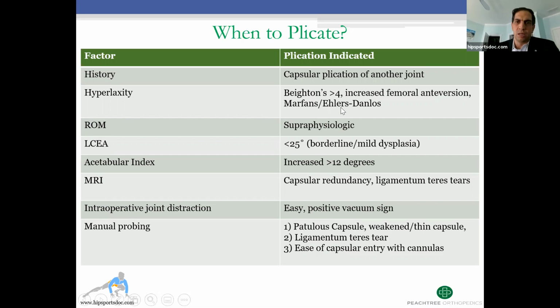Range of motion. Supraphysiologic, is the range of motion greater than normal? So if I see 40 degrees of external rotation and 15 to 20 degrees of internal rotation, commonly in patients when examining their hip rotation at 90 degrees of flexion, these patients will have more total range of motion and a softer end feel and an easier flow through the mid-range as they're rotated.